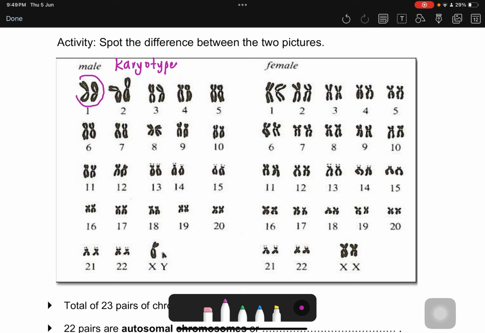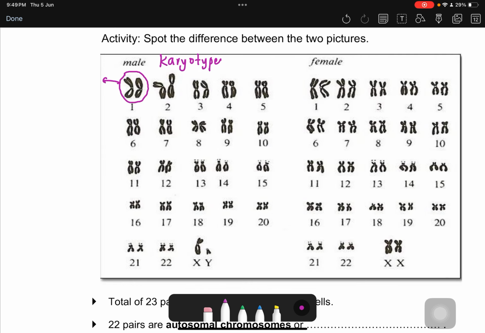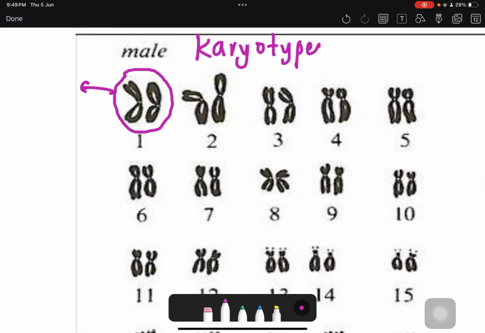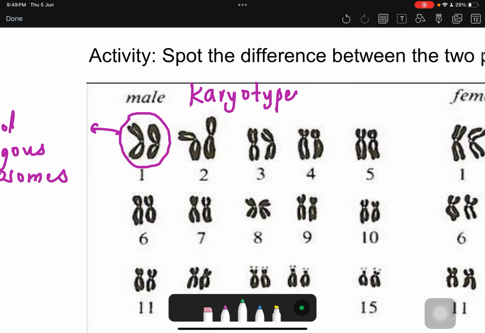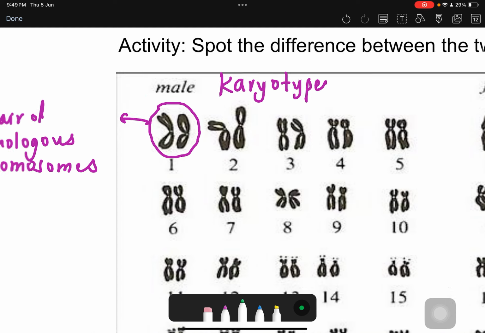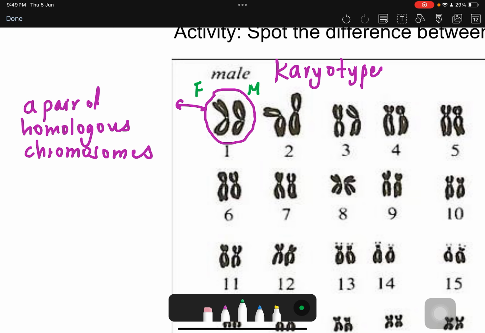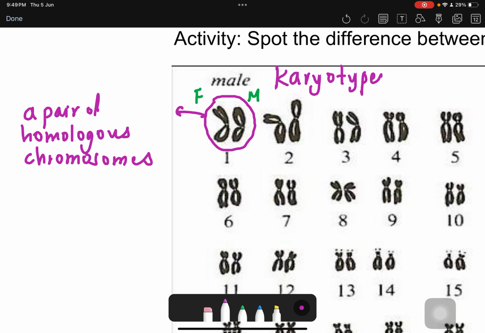Each of these pairs is known as a pair of homologous chromosomes, and in each pair, one chromosome comes from the father and one chromosome comes from our mother. It's arranged by the same shape, size, and length, which I'll put here.